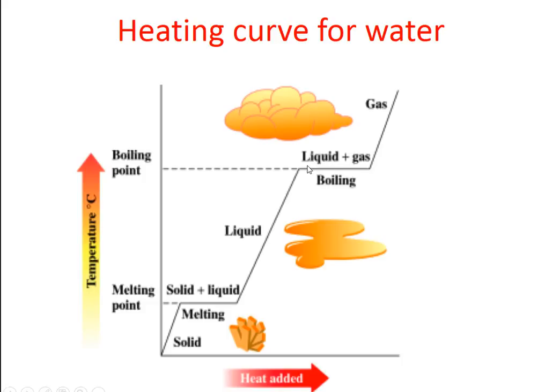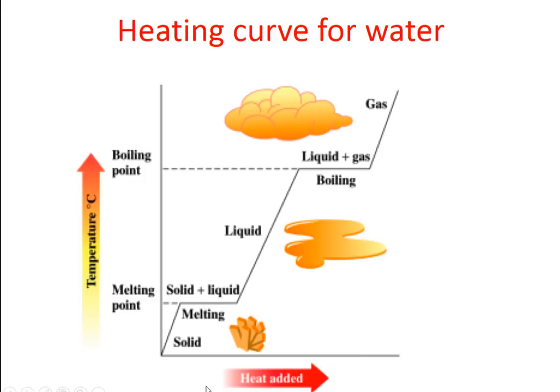The water will start boiling, and the temperature will not be changing, so we have a flat section here also. After all the water has boiled, if you have something to capture the gas, you will see the temperature start going up. But if you are not capturing the gas, this is where you end up, because all the gas will go into the atmosphere, and we may not see an increased temperature after boiling.